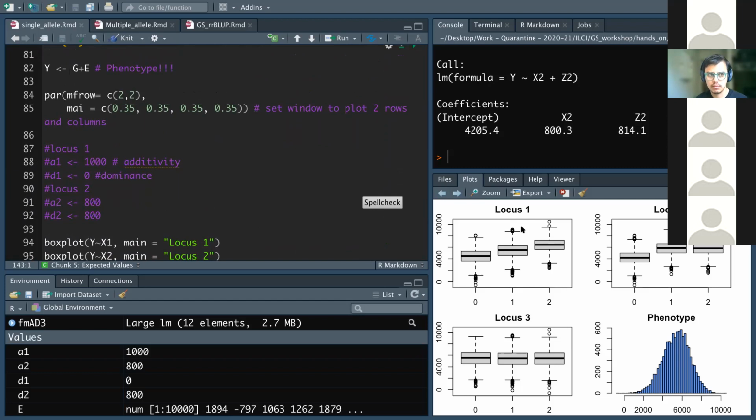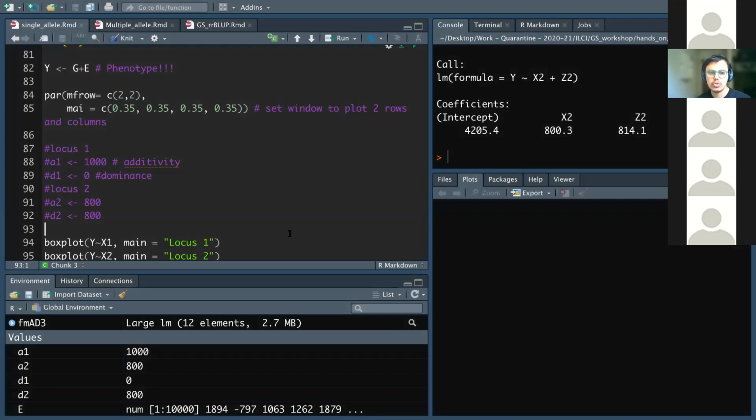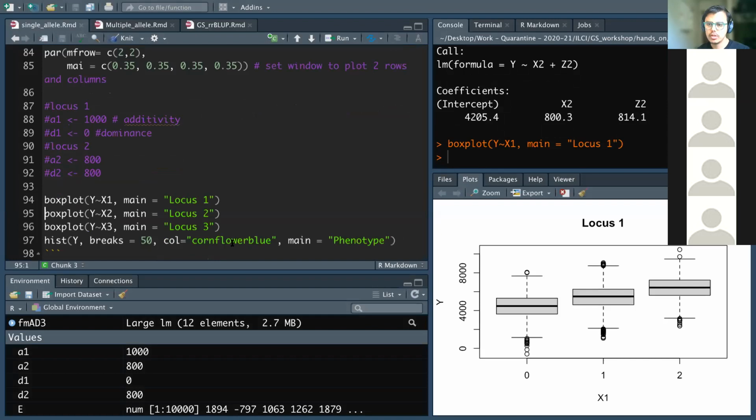mfrow equals concatenate 2 and 2. Then mai equals concatenating like 5 times 0.35. Can you please explain what that is? Don't worry about that a lot. That is just, if we don't use that command, you're just going to have one graphic in the window.